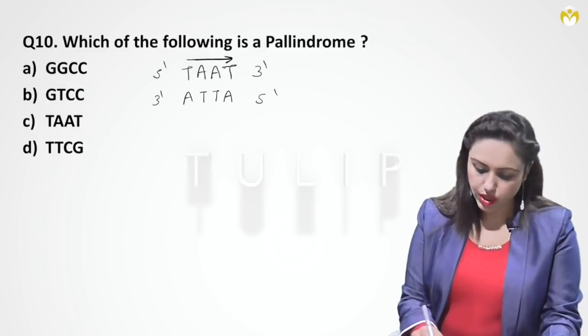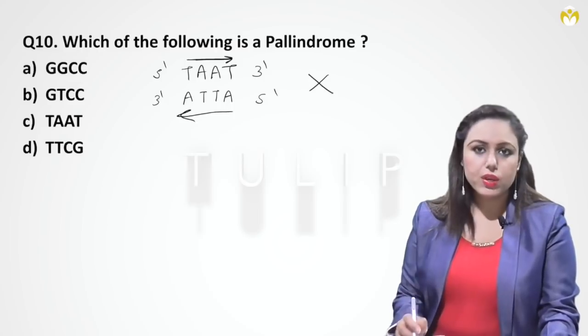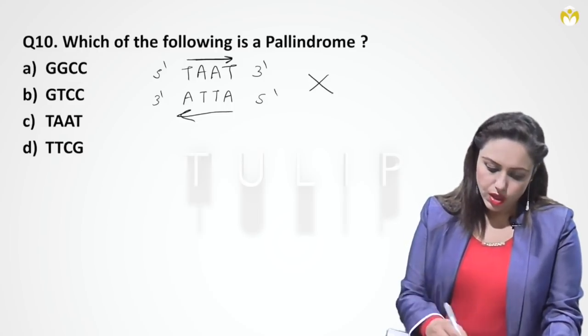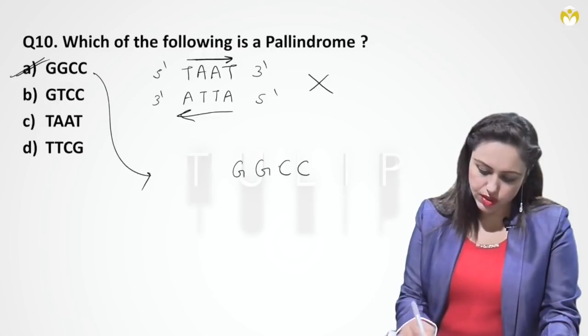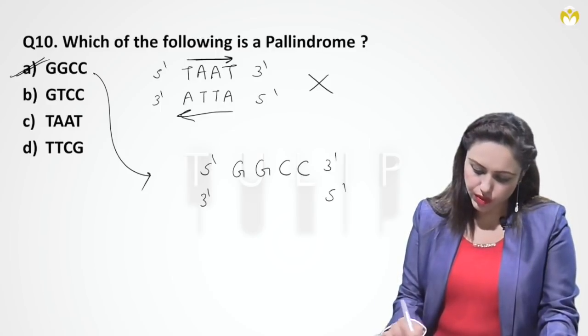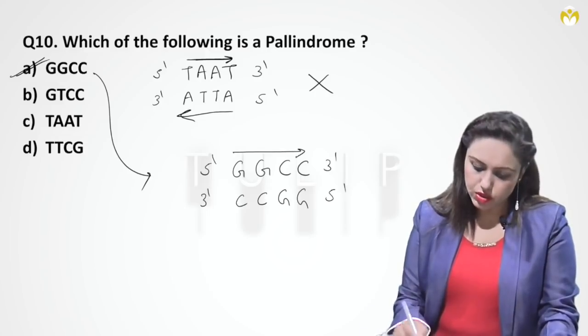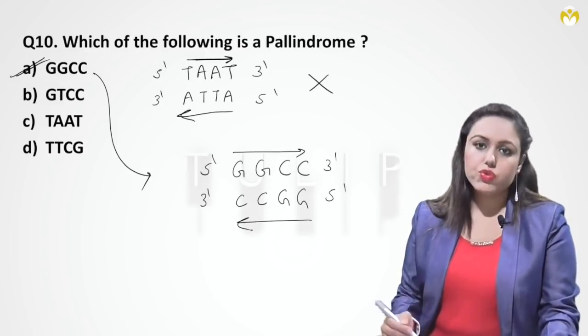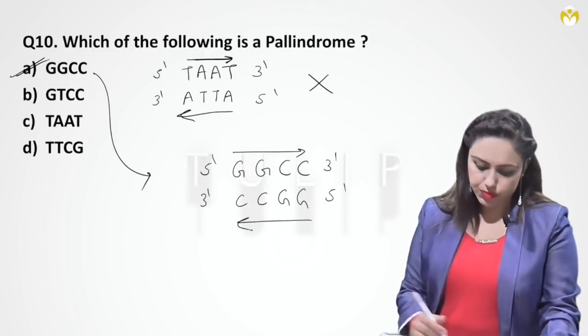Now read the lower strand, ATTA. They are not the same, so it is not a palindrome. The answer is this, GGCC. If GGCC is written like this, 5' here, 3' here, the complementary strand will be 3' here, 5' here, and the sequence is this. Now read the upper strand, GGCC. Read the lower strand, GGCC. This is the same and this is a palindrome.